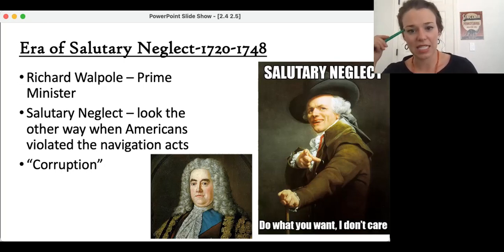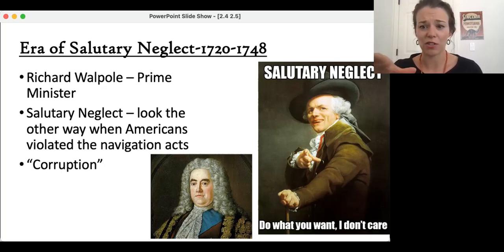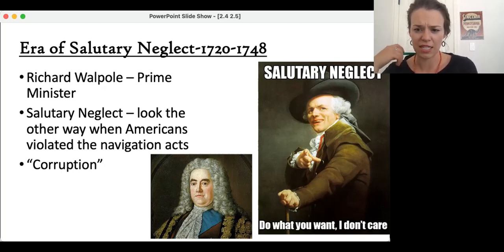Walpole basically takes the idea of like, I have too many fires to put out in England to care about what the American colonists are doing. They basically decide to explicitly look the other way while Americans violated the Navigation Acts, right? If there was no restrictions placed on the colonies, they would flourish.